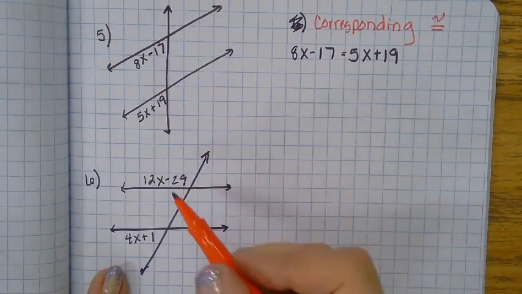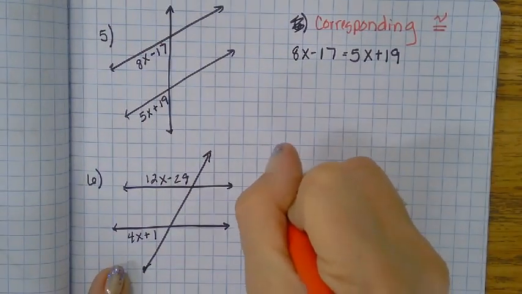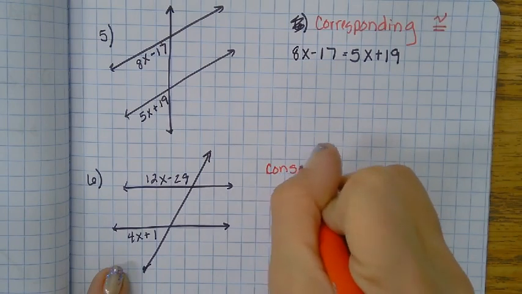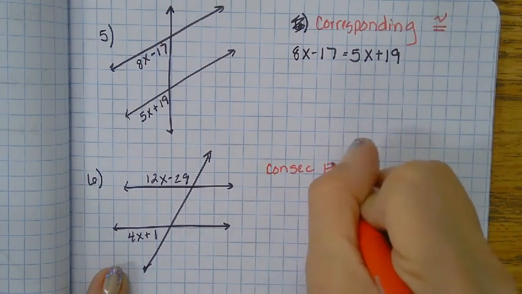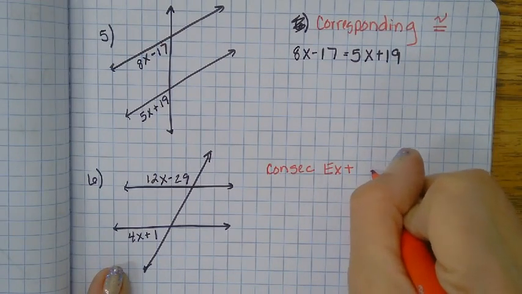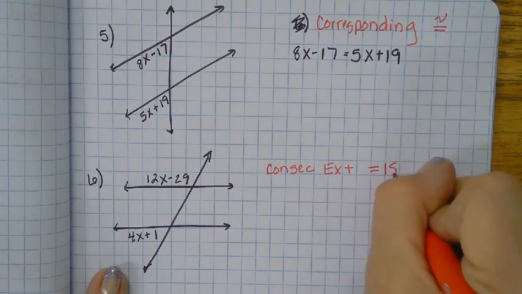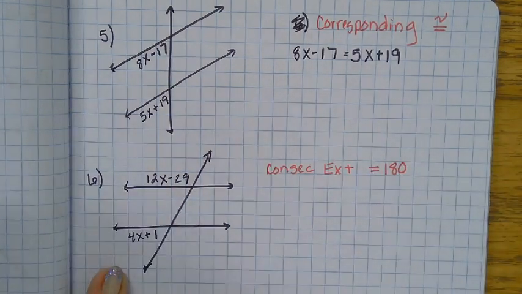So number 6, what kind of angle pair are those? Consecutive exterior or same side exterior. And are they equal or do they add to 180? They add to 180.